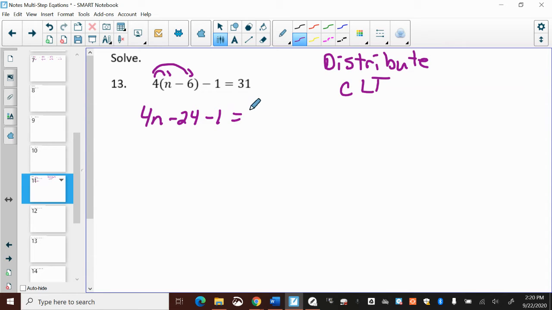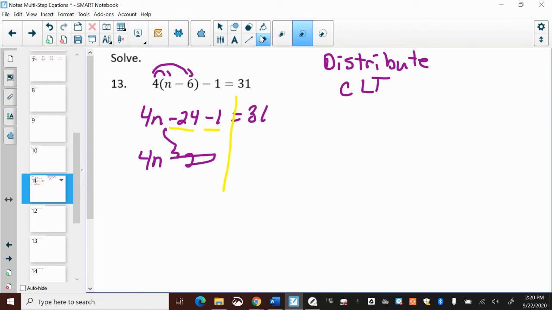Minus 1 is equal to 31. What's like on the left side of this equation here are the two numbers. Negative 24 and negative 1 are like, so we're going to combine those up. Minus 24 and another negative 1 is going to get us minus 25.